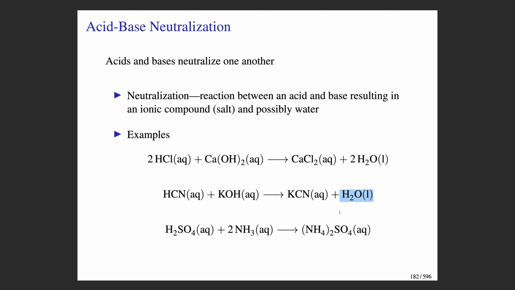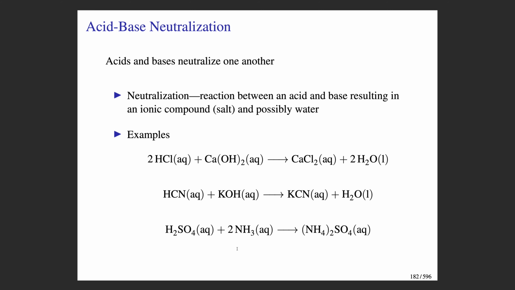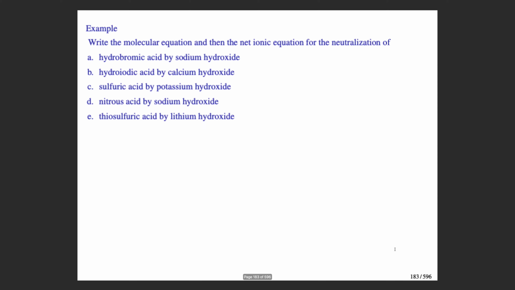It produces water, and the salt that's produced, potassium cyanide, is the salt of this acid and this base. In this last reaction, we've got sulfuric acid reacting with ammonia to produce ammonium sulfate. No water is produced in this reaction. However, we do still call ammonium sulfate the salt of sulfuric acid and ammonia. Okay, so these are typical examples of neutralization reactions.